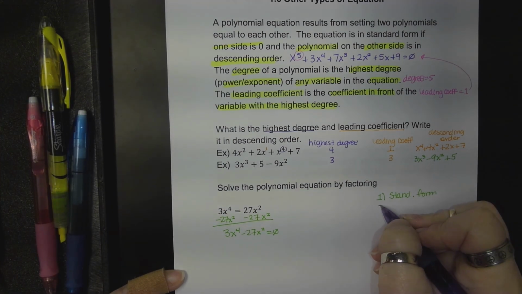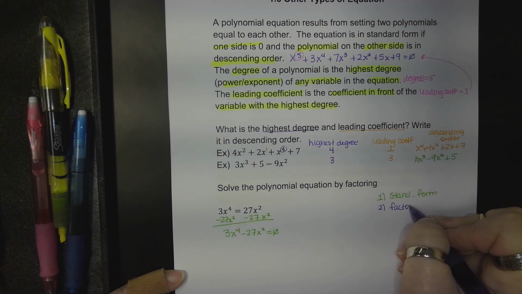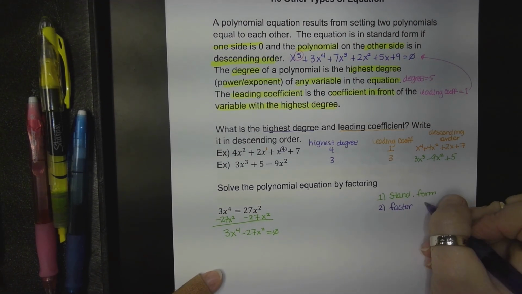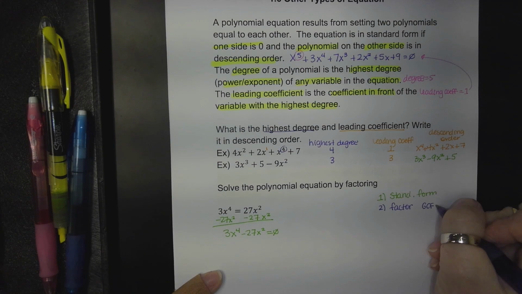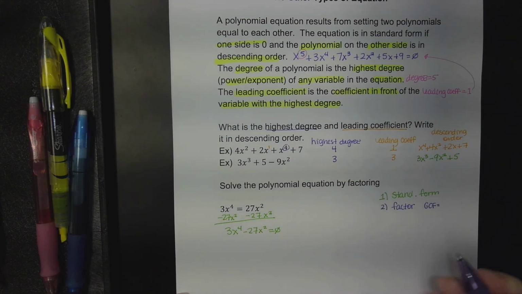Back to the last lesson. Second is to factor completely, so let's factor. Remember, we always look for the greatest common factor first. So let's see what our greatest common factor here is. What do they both have in common? Well, they have a 3, right? They're both divisible by 3, and they also both have an x squared.